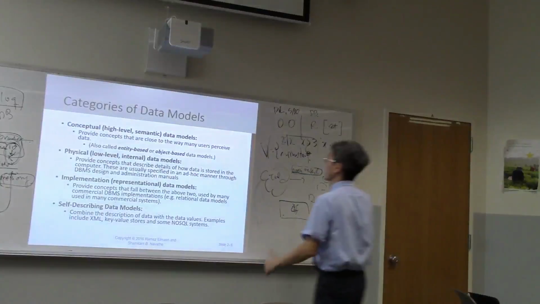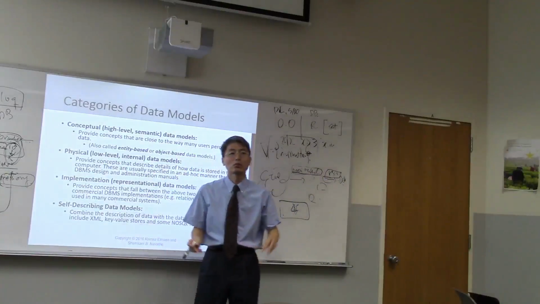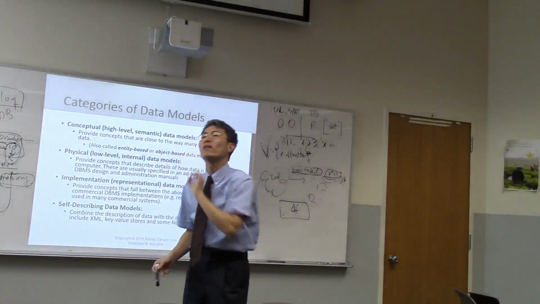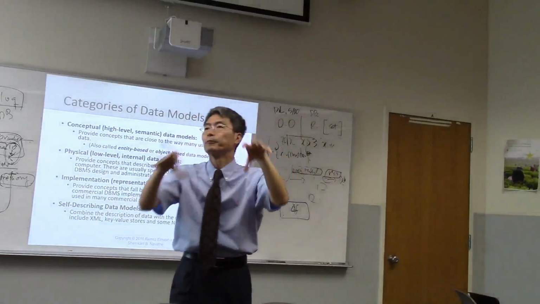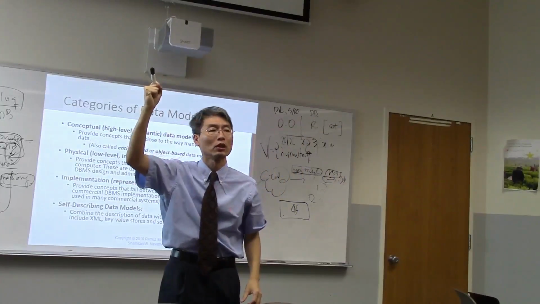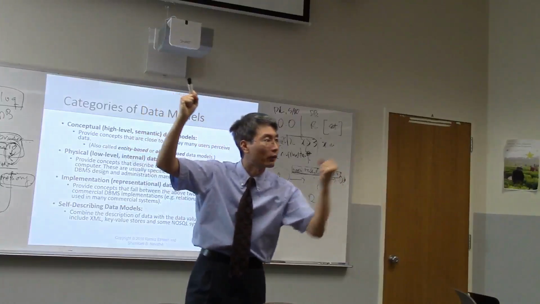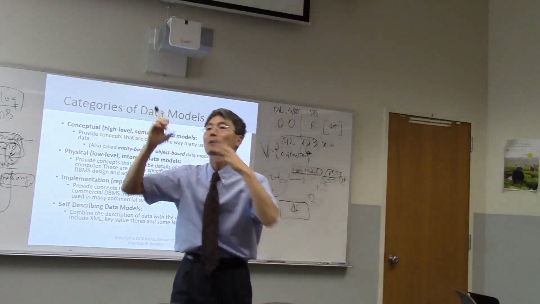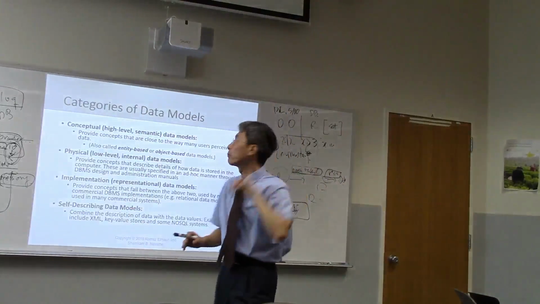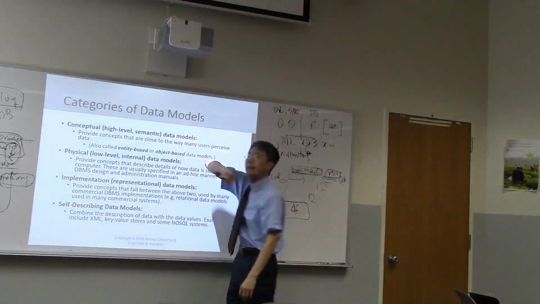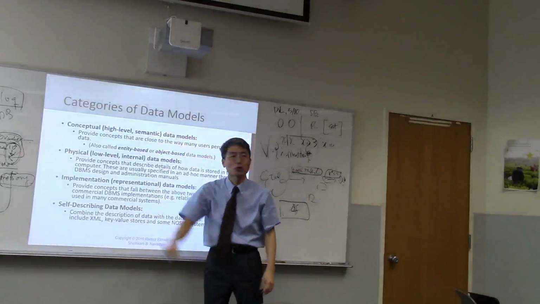So conceptual data model means we try to find the meaning of such information. What's the important meaning in this? Student, find the student. And also grade of the student. And instructor, TA, something like that. So trying to find the meaning of the data is called the conceptual level.